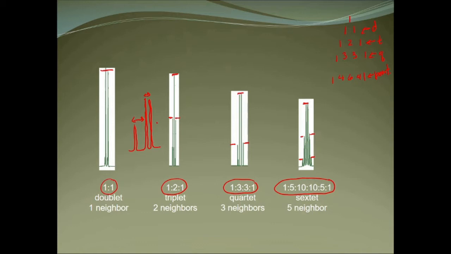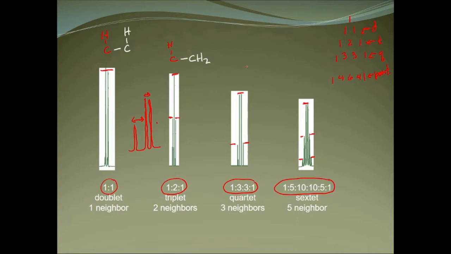But again, this tells us something then about the neighbors. Doublet means one neighbor. So that means we have a CH, and it is bonded to a carbon with one hydrogen. A triplet, again, the peak is due to a hydrogen, and then the triplet means there are two neighbors, which likely means it is bonded to a CH2.